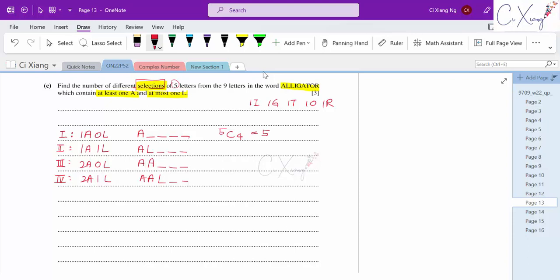Then for the 3 letters here, it should be from 5 letters. I want to choose only 3 of them. So it should be 5C3, which is 10. Same thing happened for this one. I still have 3 empty spaces, so also 5C3. Then the last case here, I have only 2 empty spaces. Therefore, it should be 5C2.